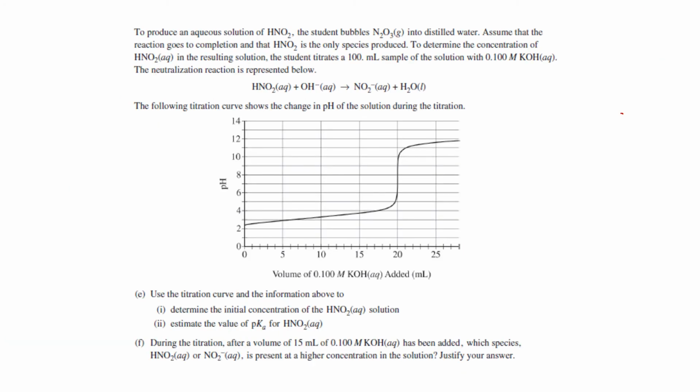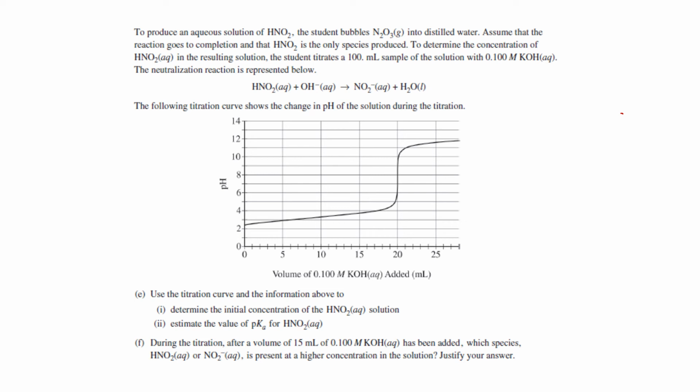So now we're looking experimentally at the reaction that we saw on the last slide. The student is going to produce an aqueous solution of nitrous acid by bubbling dinitrogen trioxide into distilled water. And after assuming the reaction goes to completion, the acid is the only species produced.